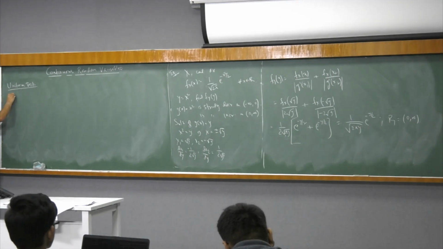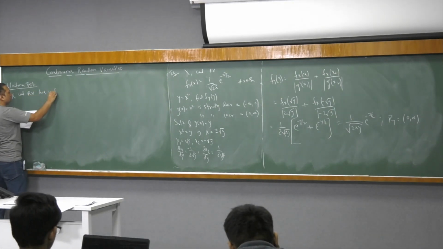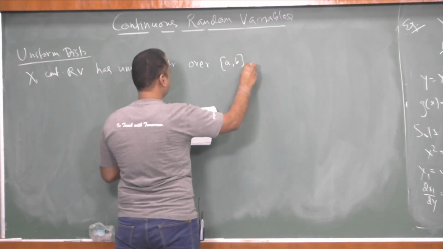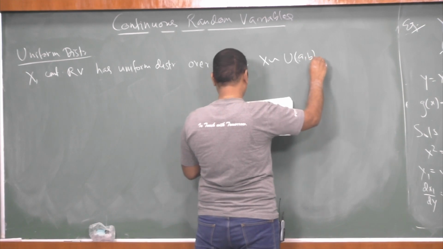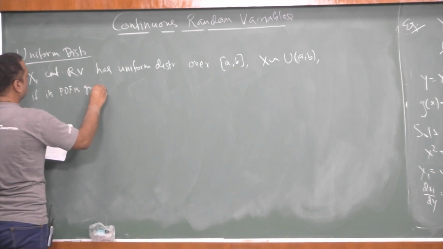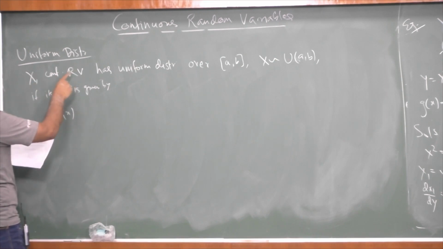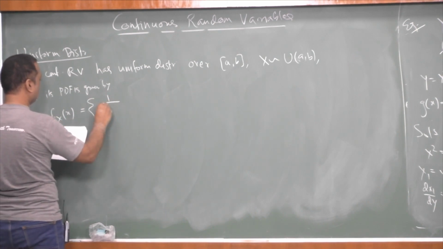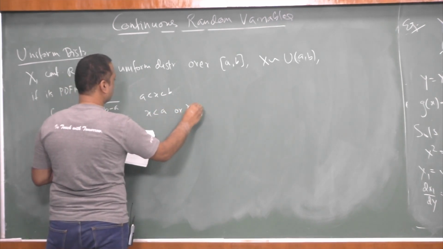So uniform distribution. A continuous random variable X has uniform distribution over the interval [a, b], and it is shown as X tilde U. In my case I will just take U(a, b), if its PDF is given by 1 by b minus a for a less than x less than b, and it's 0 for x less than a or x greater than b.